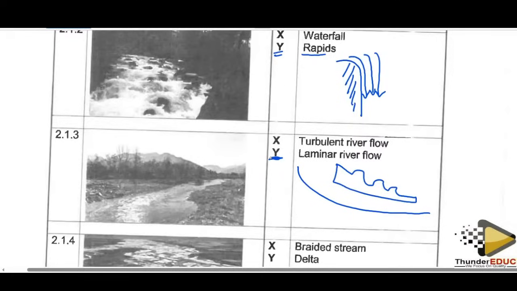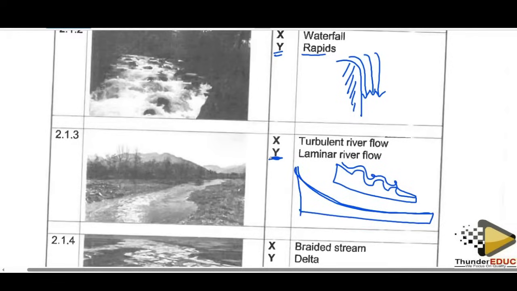So if we check here, you can see that this river is smooth throughout. There are no changing of levels. Unlike the turbulent, where there are changing of levels. Therefore we say it will be this one here, which is a laminar flow.